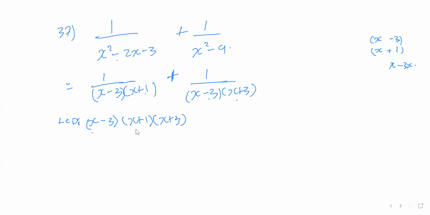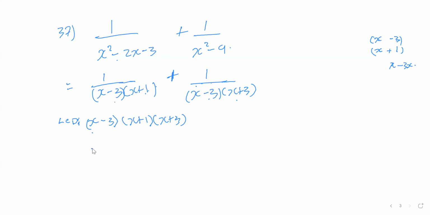And this is then my LCD. Once you have your LCD, multiply each term in the expression by the LCD, and then cancel the terms that cancel, eliminating these denominators and having your LCD as the only denominator.